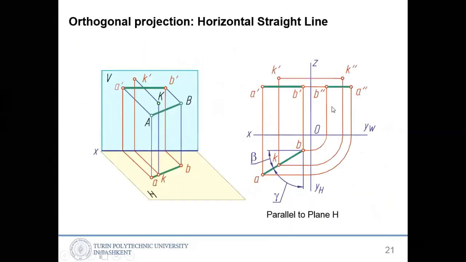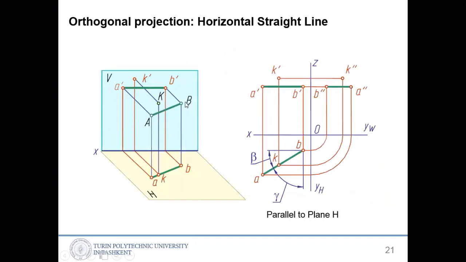A horizontal straight line and a point are given. The line AB is given, and point K is given, in capital letters.